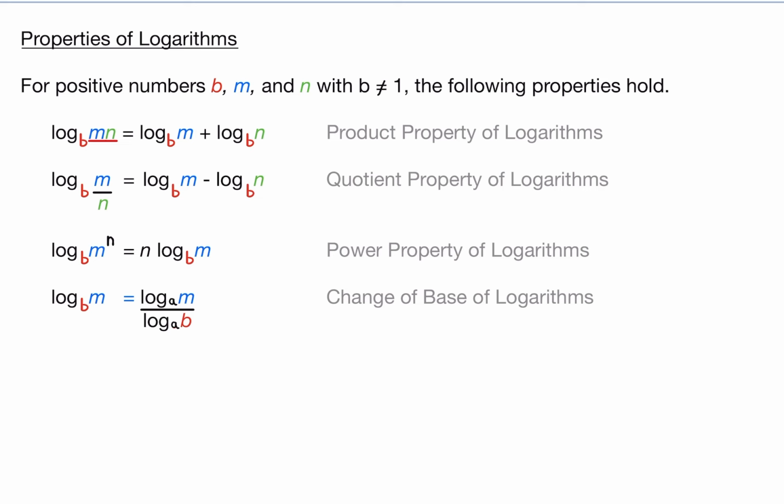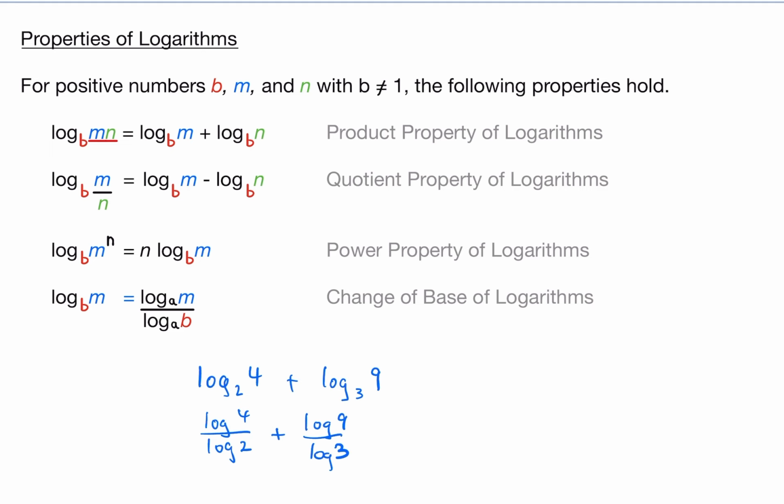So again, when you have, let's say, log base 2 of 4 plus log base 3 of 9, you could break this up so that this becomes log of 4 over log of 2 plus log of 9 over log of 3.